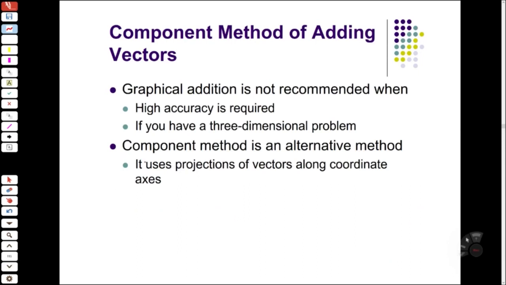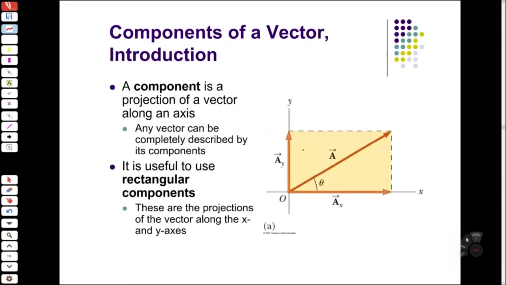Now, graphical addition was very intuitive, but it's not recommended, and a more accurate method is this component method. So this is more mathematical, and that will be used in this course. And you can define a component of a vector.